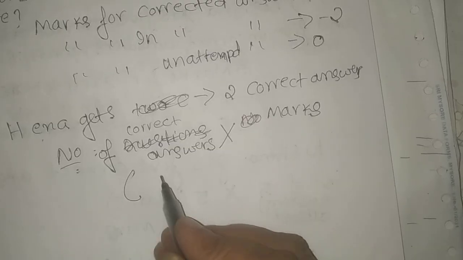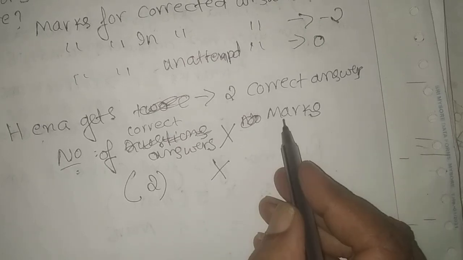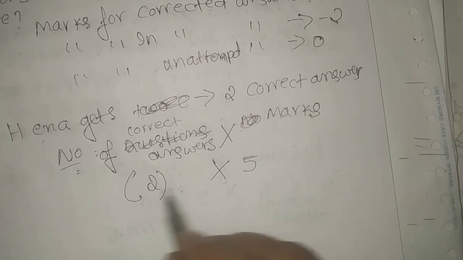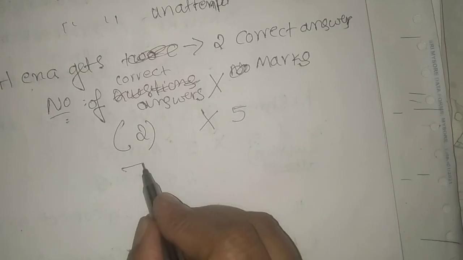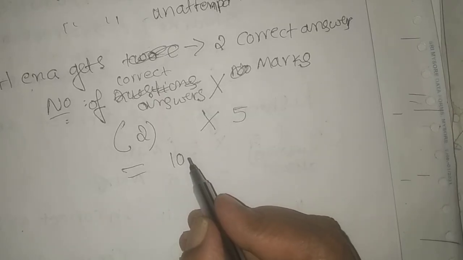Therefore, the number of correct answers is 2, into marks for each, which is 5. Multiply these 2, you will get 10 marks.